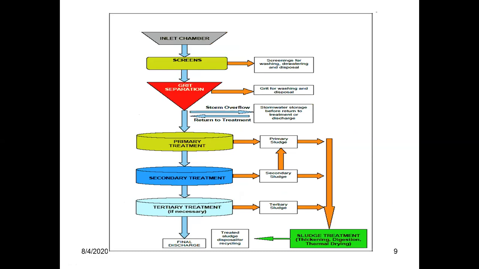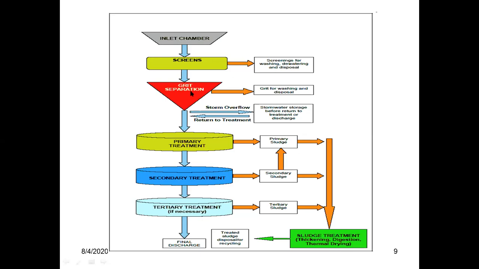So in a wastewater treatment plant, we are going to get clarified water, clear water or clean water from the wastewater. During the cleaning process, sludge, the solid part, is produced. Now here you can see that from screening, floating and coarse solids are separated.